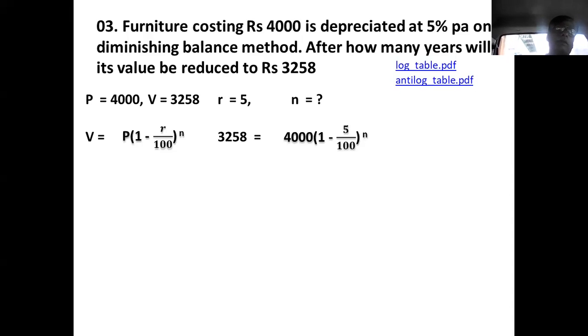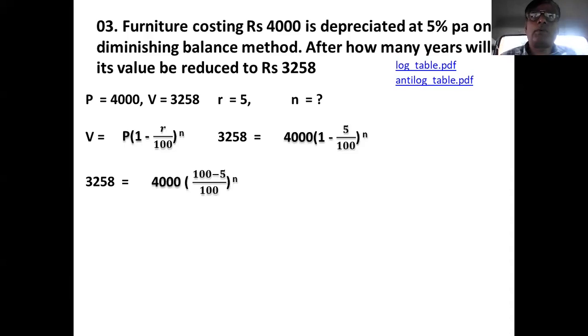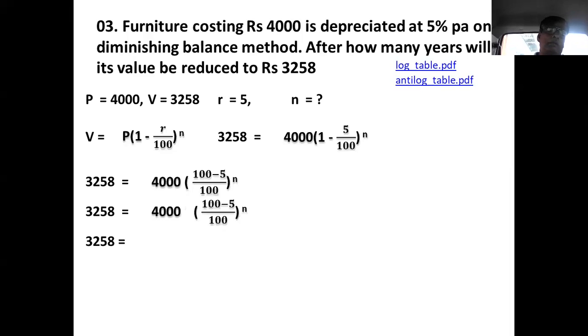So 3,258 is equal to 4,000 in the bracket 100 minus 5 divided by 100 raised to n. Then if you simplify the bracket, 4,000 in the bracket 95 divided by 100 raised to n.